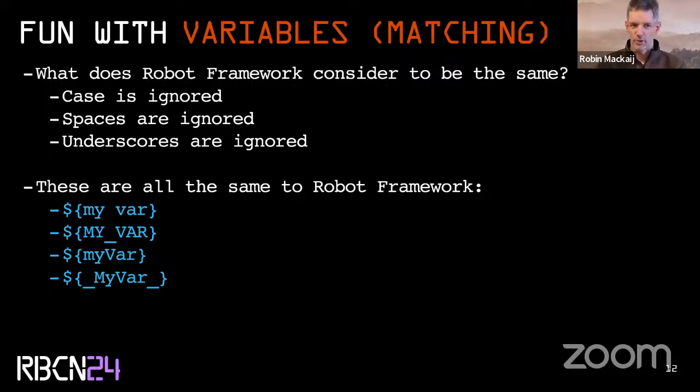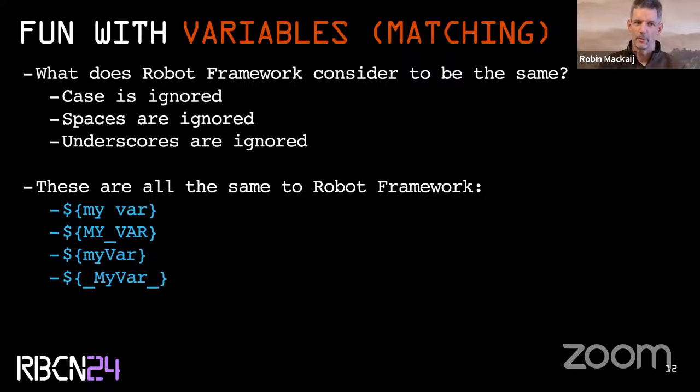So if you in your project have these written differently in different places, well, which assigned value you'll be using in a certain test case or keyword kind of depends, because the whole thing about order and scope does play a role if the name is considered the same, even if it's not completely the same.